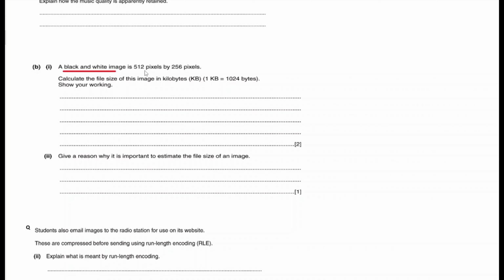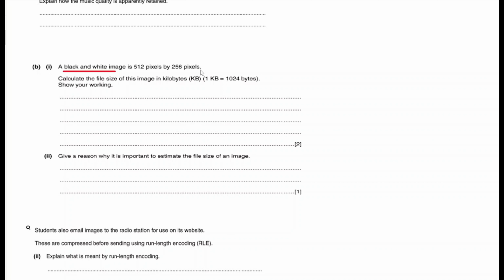They have only given you the height and width, or resolution, of the image in pixels. To move forward, you need to convert pixels into bits, bytes or kilobytes to estimate the file size. But if you multiply 512 by 256 and there is no bit depth given, how will you reach the answer?